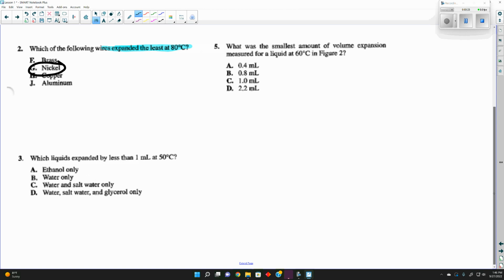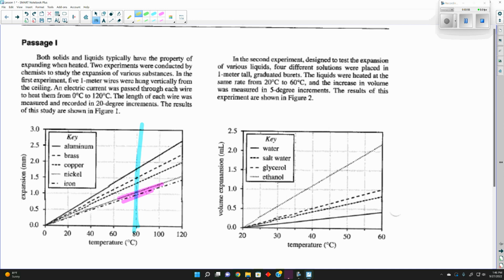Okay. Let's look at the next one. Which liquid expanded by less than 1 milliliter at 50 degrees Celsius is the question. So what are our key terms? 1 milliliter at 50 degrees Celsius. Expanded less than. So we're looking at what? Ethanol, water, water and salt only, water, salt, and glycerol. So we're looking at the other graph.